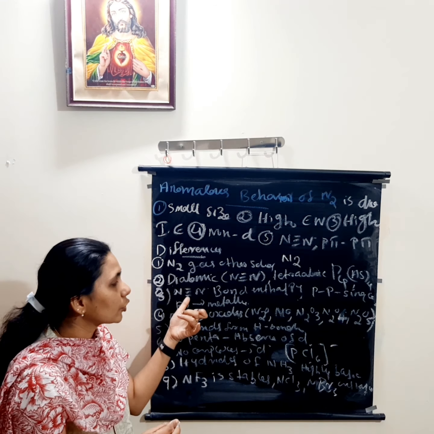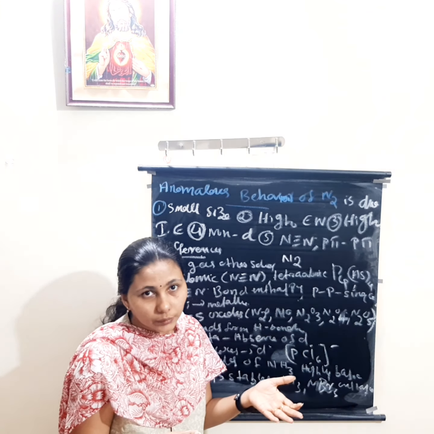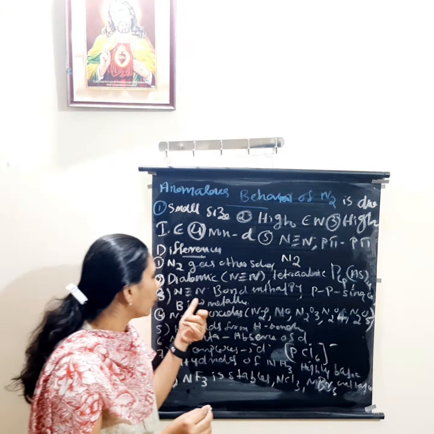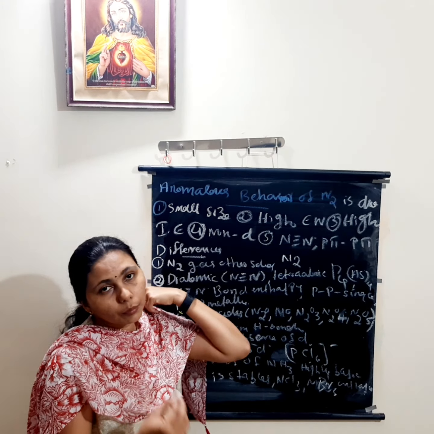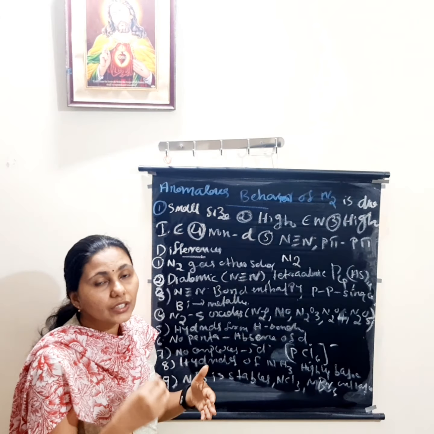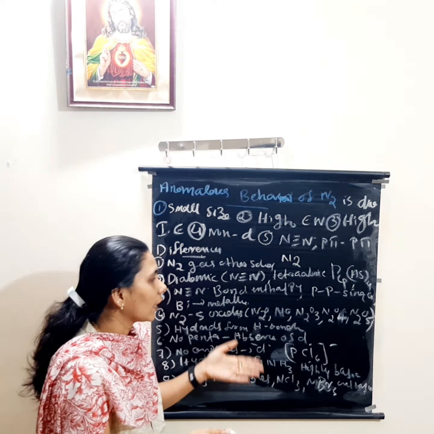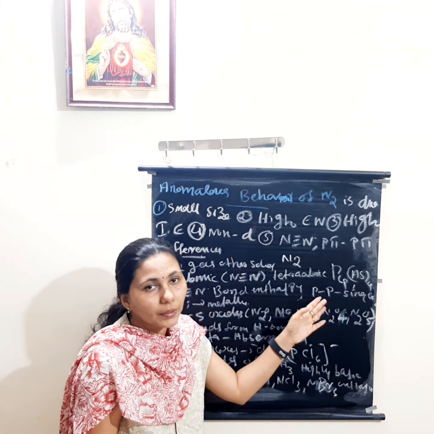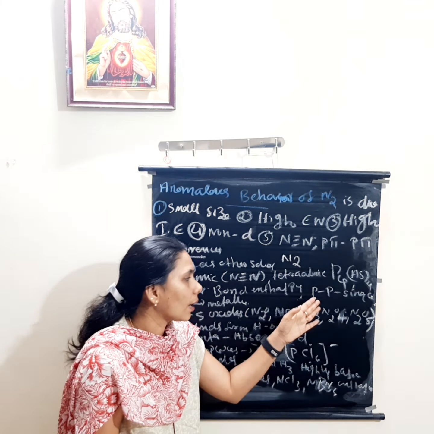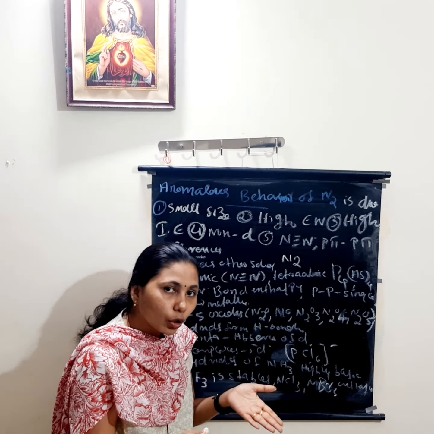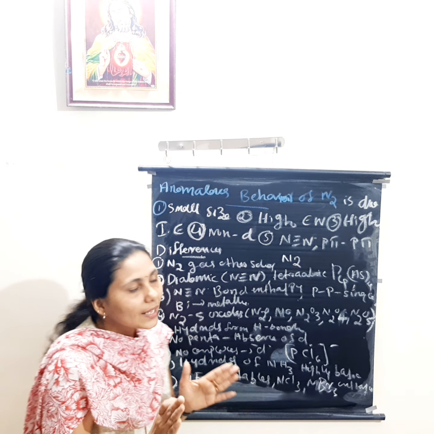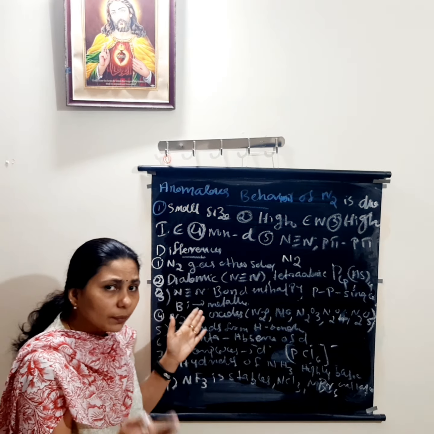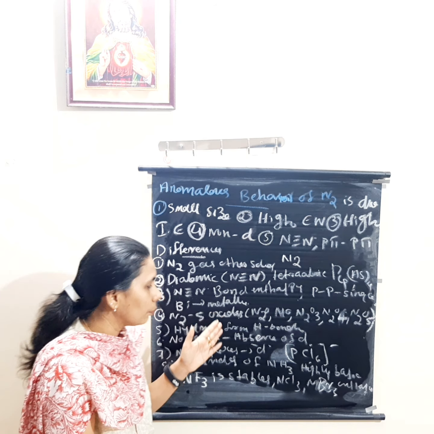Then next, nitrogen forms a triple bond, N≡N. That is why the bond enthalpy is high, the energy required to break the bond. But the others form which one? Single bonds. For example, P-P single bond. Arsenic also forms a single bond. Bismuth forms a metallic bond.